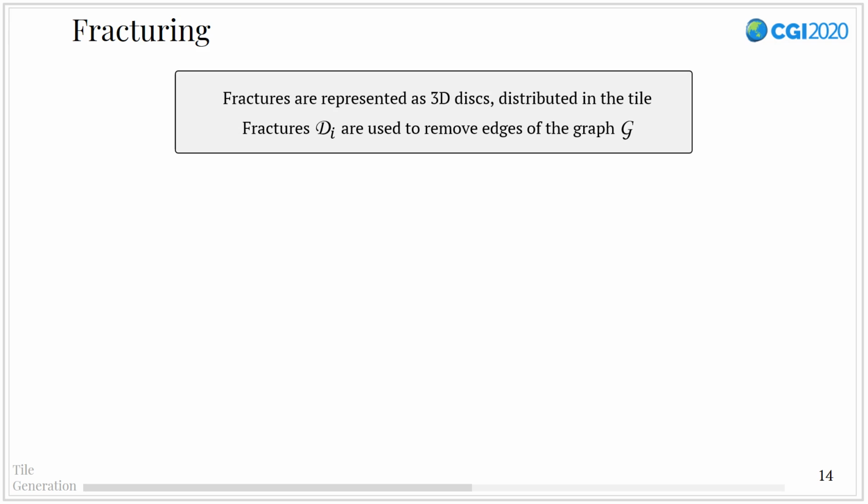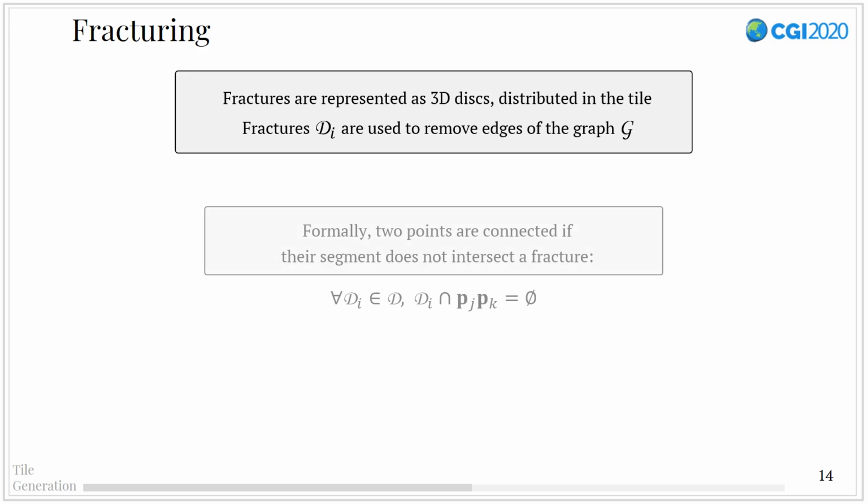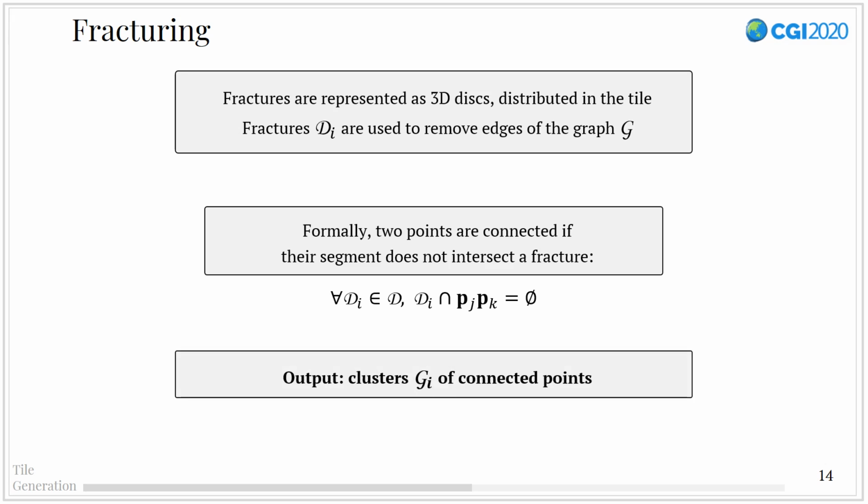They can be tilted or even computed randomly in the case of polyhedral blocks. These fractures are then used to remove the intersecting edges of the graph. This is performed using a simple segment-disk intersection test. More formally, assuming 2 points were connected in the initial graph, they remain connected under the following condition. At the end of this step, we perform a flood fill algorithm to get all clusters of points Gi.